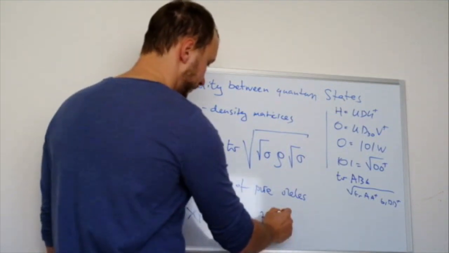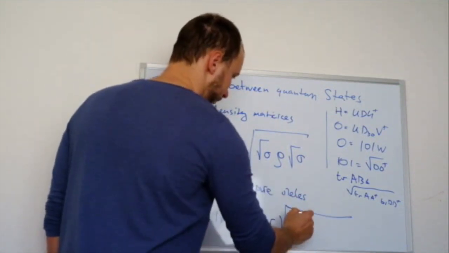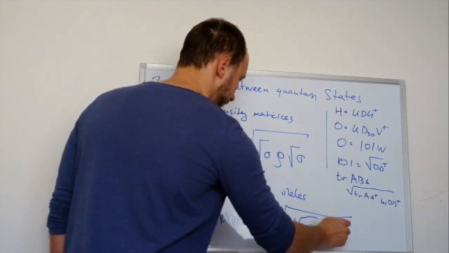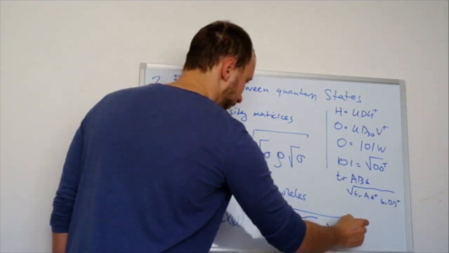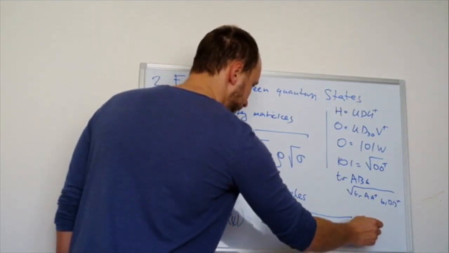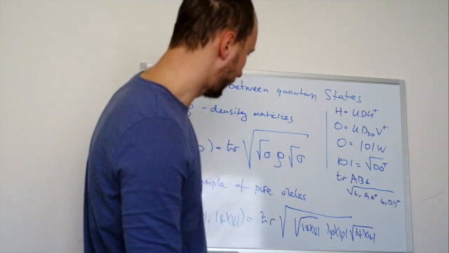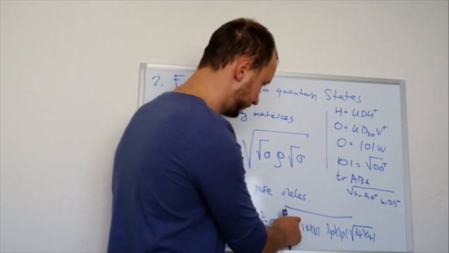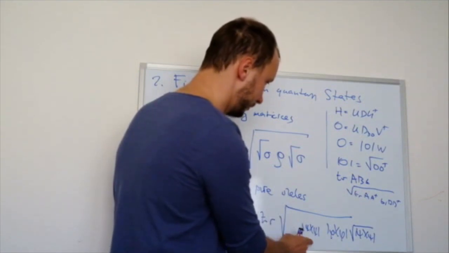So it's just a trace of, let me write it first, square root of psi, psi, phi, psi, psi. And I can just erase the square root 1 by 1. So just the square root of this projector is itself. So just remove it.